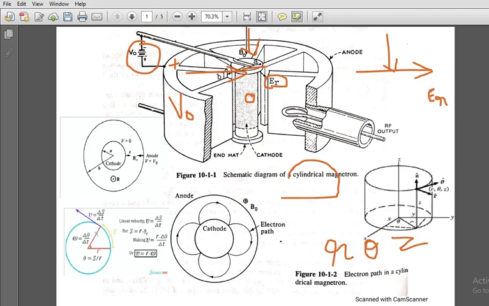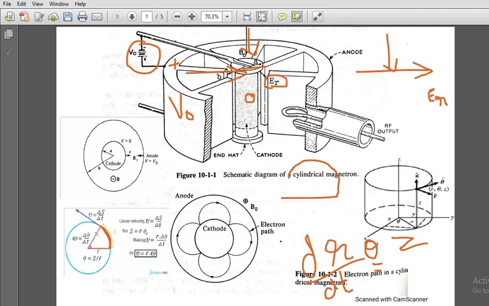We know that linear velocity is equal to distance by time; here, if the distance is r, we take it as dr by dt. Now what is the angular velocity? For that we want to know the angular displacement.